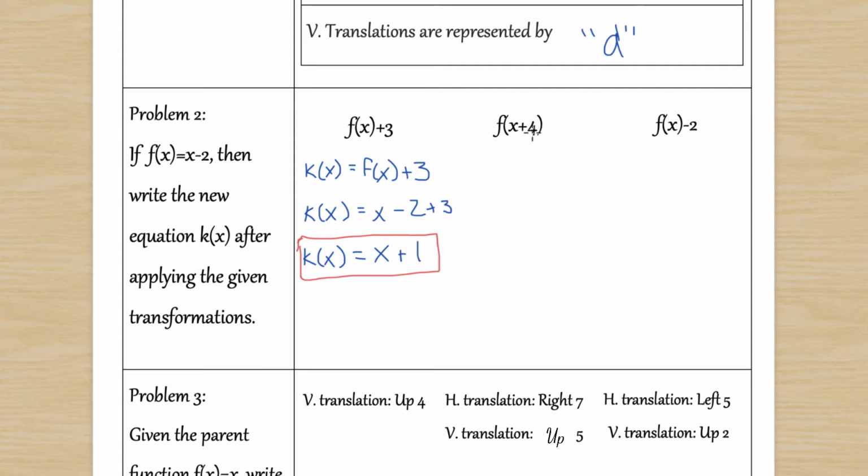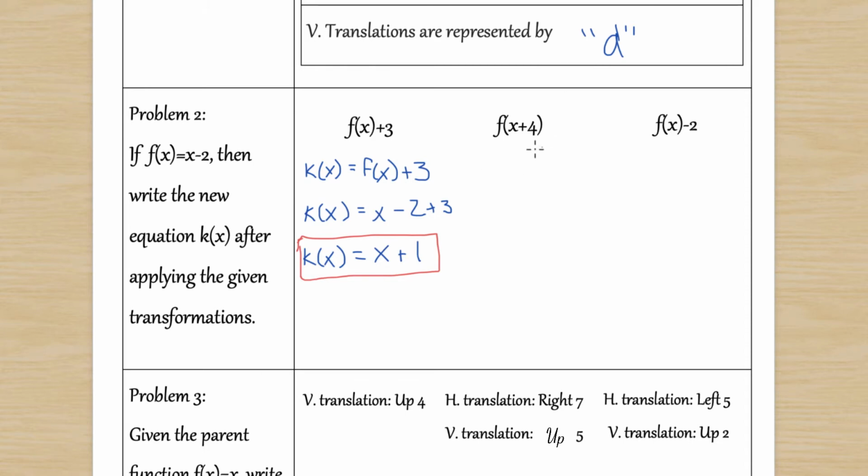We see they gave us f of x plus 4, with x plus 4 inside the parentheses. What this tells us is that this is a horizontal translation, since it's inside of the parentheses. At first, you may think that this is a horizontal translation shifting the entire function to the right 4, but this is actually not the case.